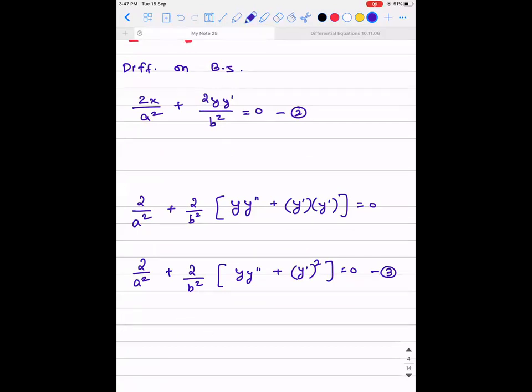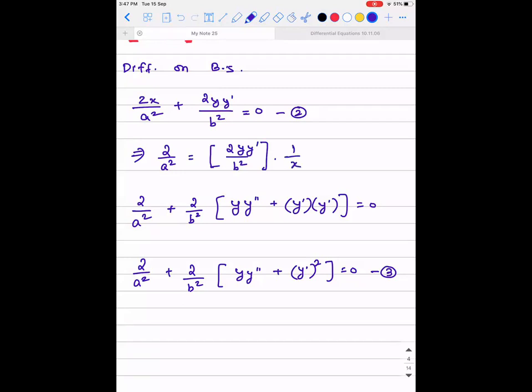The reason why we are differentiating it twice is because we need to eliminate the arbitrary constant. That is our whole objective. So when that should happen, from 2, can I write it like this? 2 divided by a square will be equal to minus 2 into y y dash divided by b square into 1 by x.